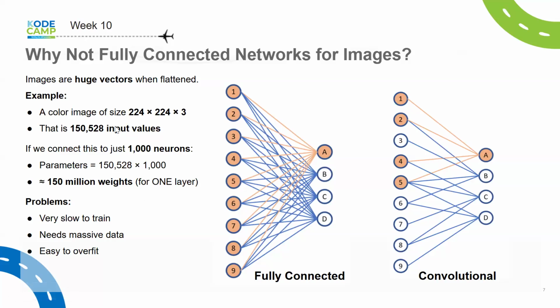So an example is, let's take images, because all of this is about images. An image is basically a two-dimensional matrix of numbers, right? Those numbers represent pixels.